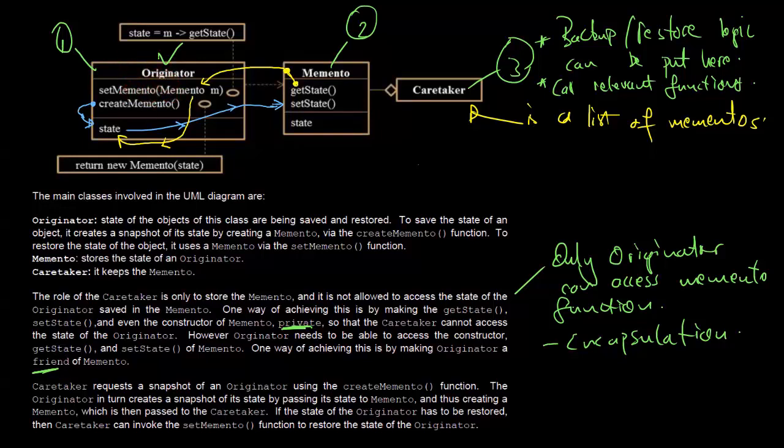So what you may have to do in terms of updating an existing class or solution to provide a backup facility is introduce this, introduce that, introduce these two functions here. So that is what you may have to do.